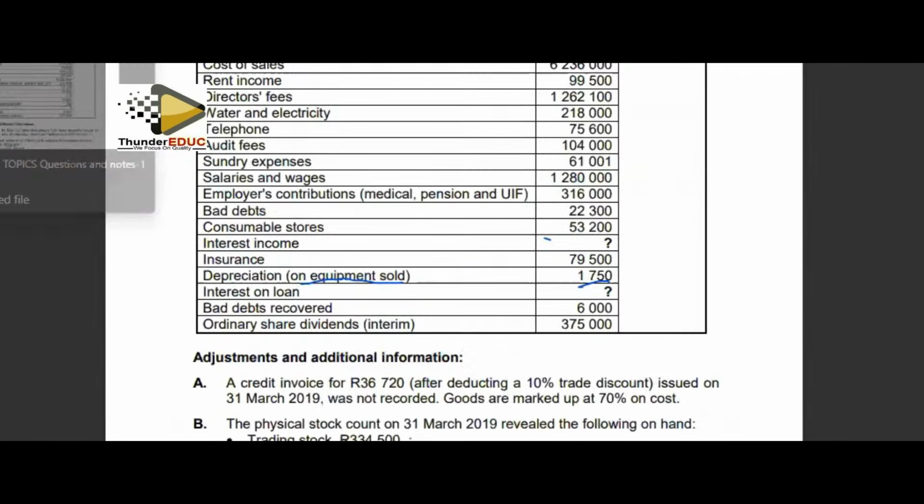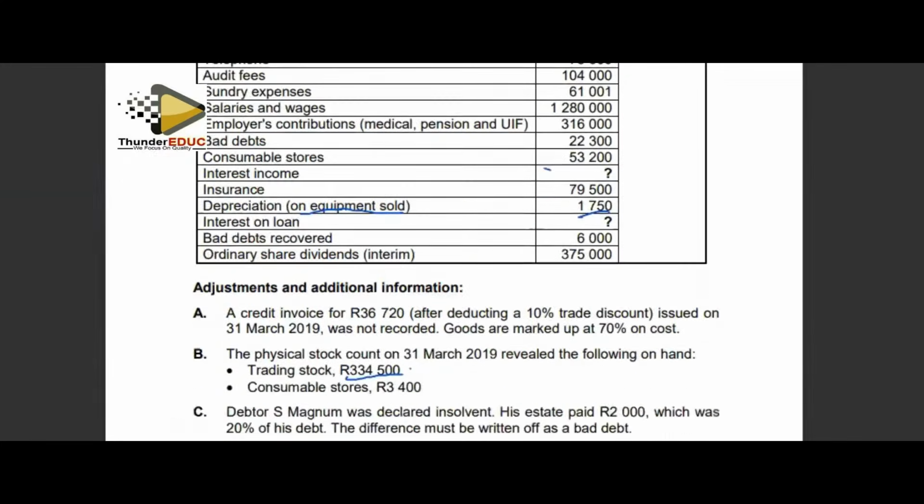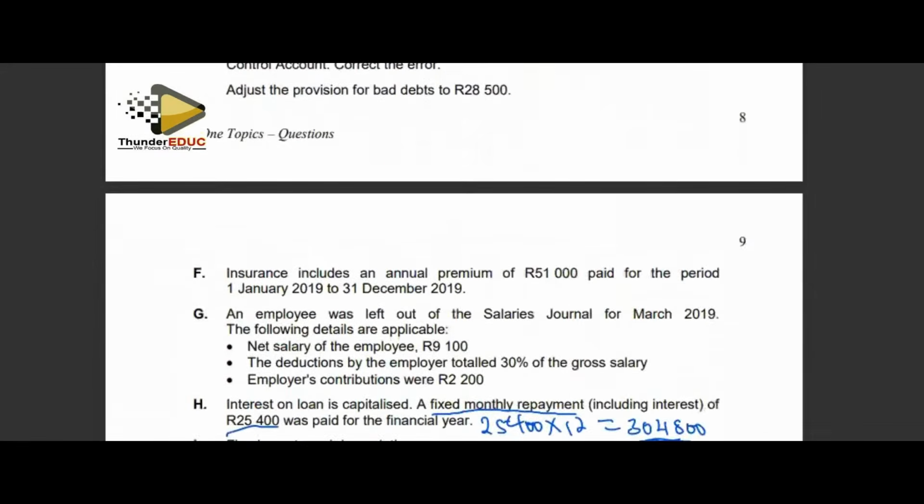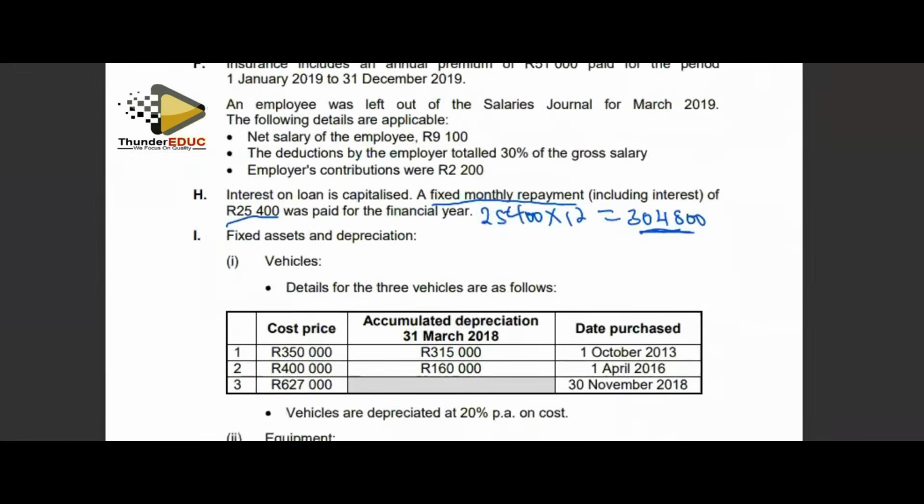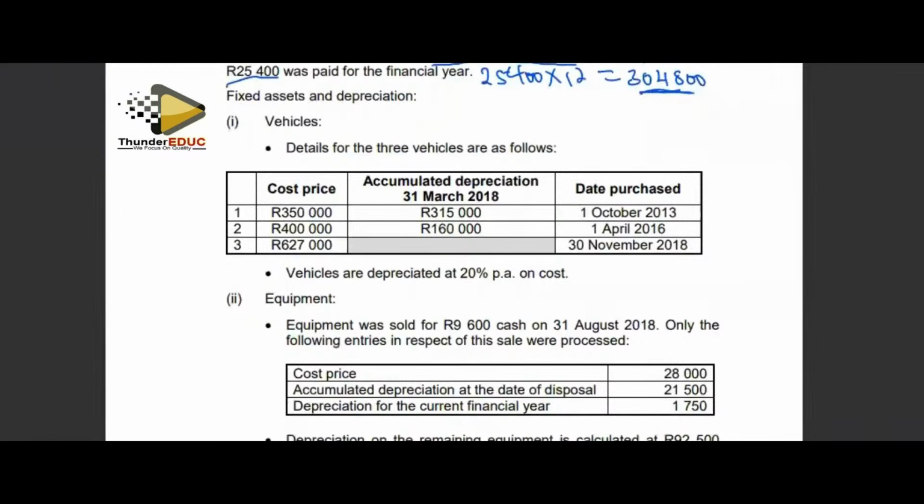Now let's check information about vehicles. Information about vehicles is saying, remember, you have to look at the depreciation amount. So this is the vehicles. They are saying fixed assets and depreciation here. Now, vehicles, details for the 3 vehicles are as follows.